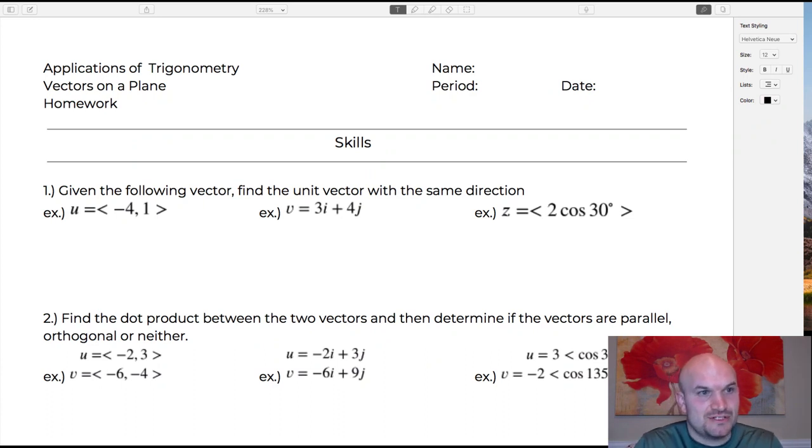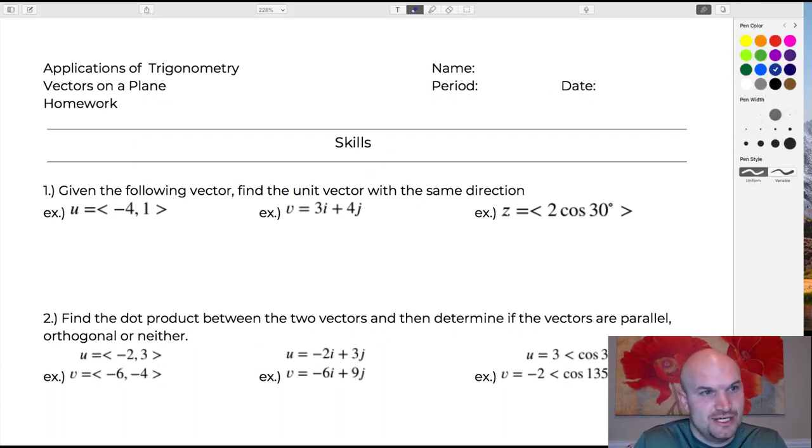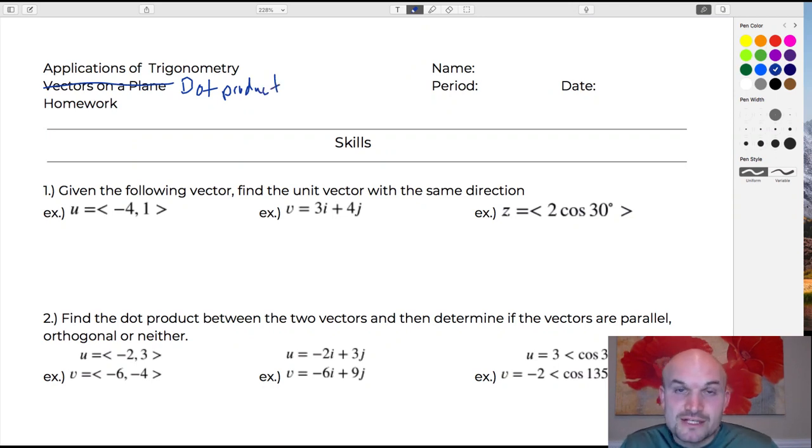So this actually is not vectors on a plane. I did not change the title here. This is the dot product of vectors. This is day 2 of vectors, and just a reminder, we get very basic with our operations.